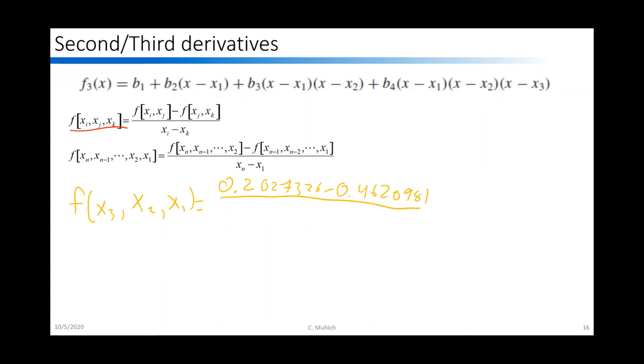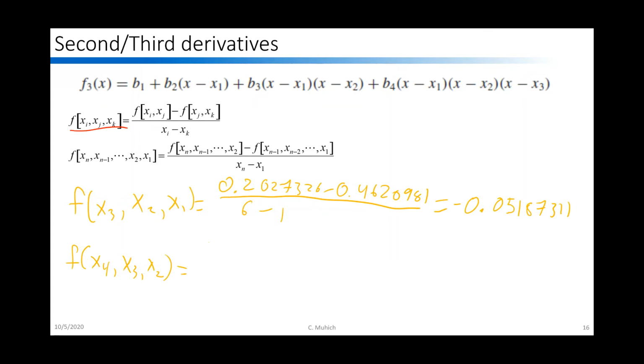So those are those f of x's from the previous slide. Now I need to take the next two set of x's. So 6 minus 1, that's negative 0.05187311.